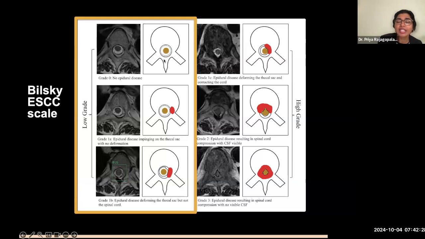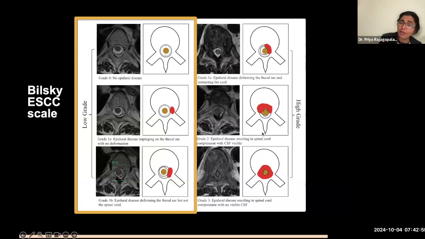This grading system tells you how much the tumor is compressing. Grade 0 is absolutely nothing. Grade 1 is a little bit. Grade 1A, and then 1B, it effaces partially the thecal sac. Grade 1C, it effaces not just the central CSF space in the thecal sac, but it also touches the cord. I tell my trainees 1C, C for cord. So it touches the cord.